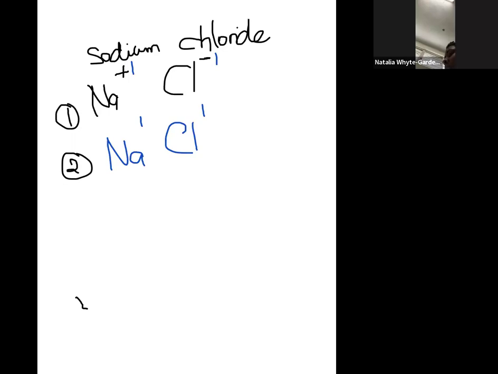This is where students make the mistake, and we're not going to make any mistakes. So let's go. When we swap, I am taking the number right here and putting it at the bottom of the non-metal. So sodium's 1 comes here and the 1 for the chlorine comes right here. Clear?